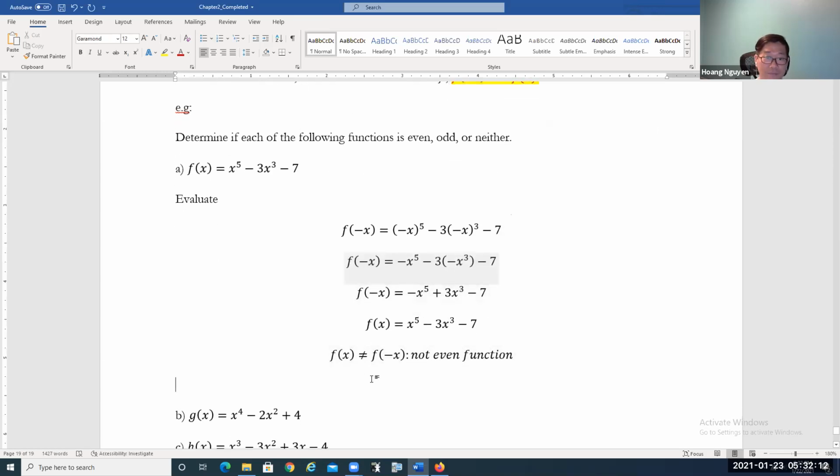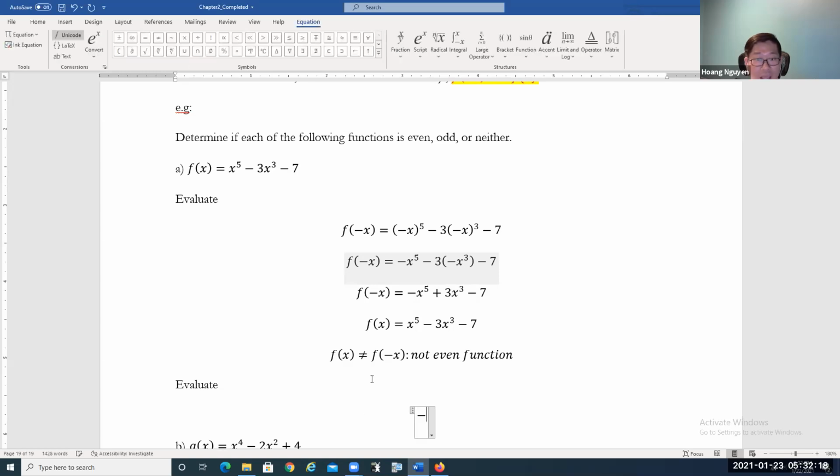Now, let's evaluate negative f of x. What's the negative f of x? That means we're gonna take the negative of the original f of x right here.